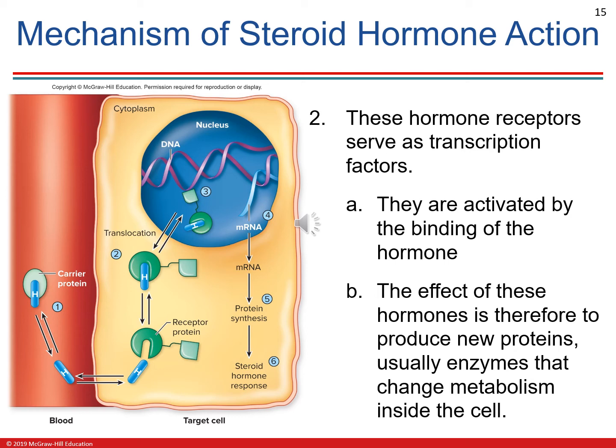That receptor and hormone cross the nucleus membrane, and when it's inside the nucleus, that particular hormone has its specific effect. The effect of this hormone is to produce a new protein, because the final target of this hormone is to reach the DNA and request the DNA to reproduce the code of the protein that is needed.